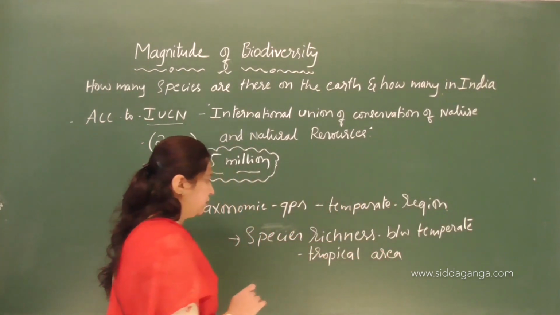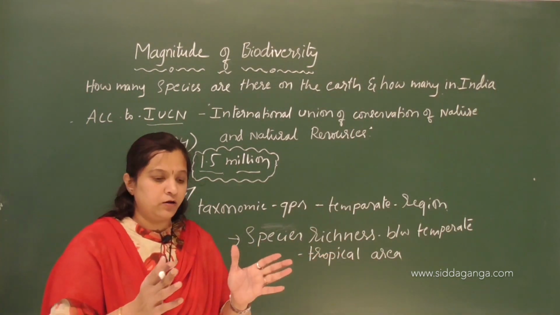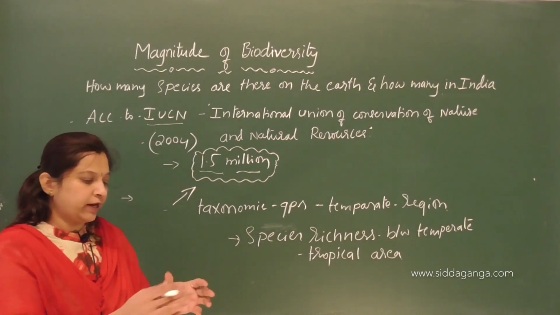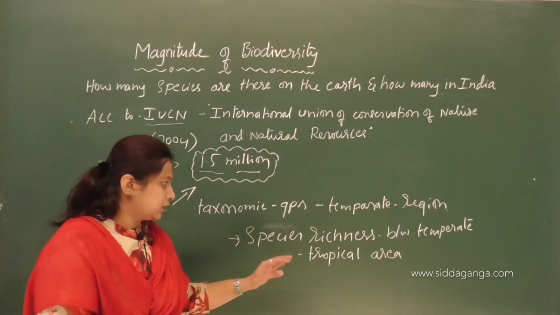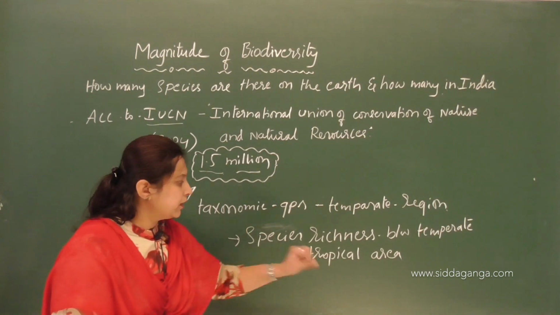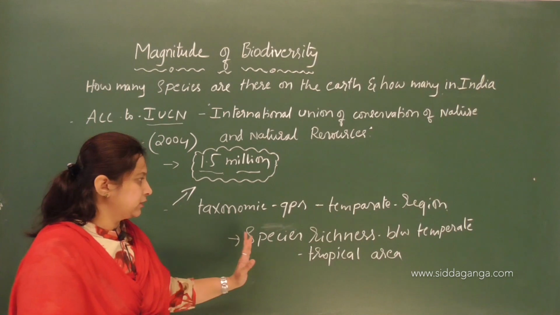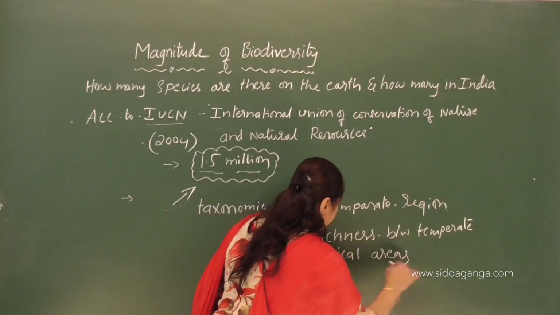Species richness means the total number of species present in a given area. That constitutes the variety of species present within a given area. So the scientists estimate the number of species in a tropical area by comparing the species richness between the temperate and the tropical areas.